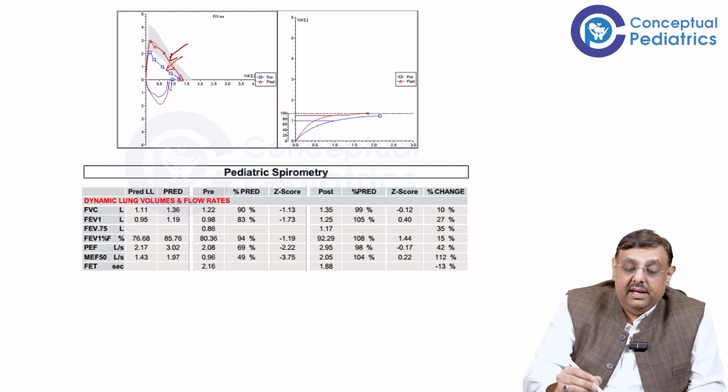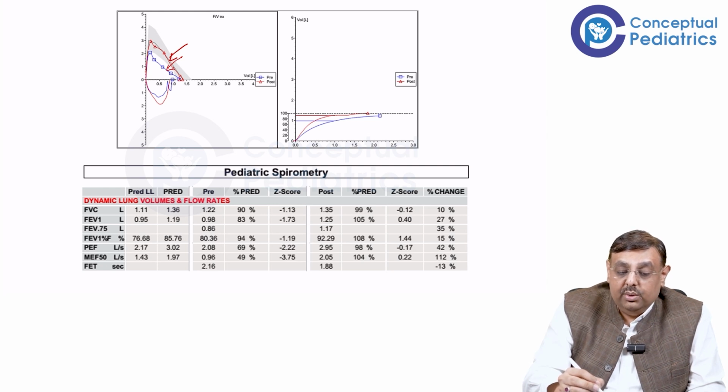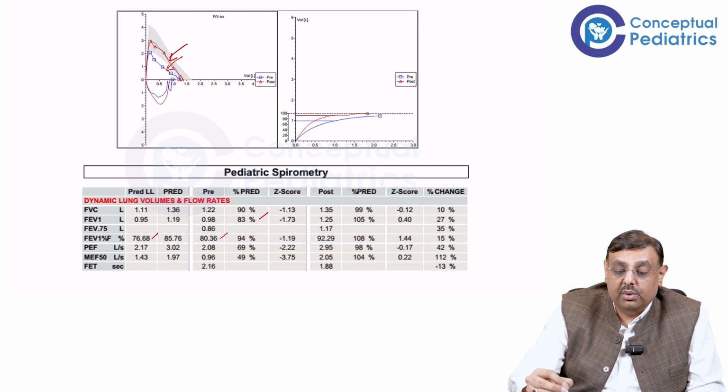But if you look at the values, the pre-bronchodilator values are like 80%, which is not less than the lower limit of normal. The FEV1 values also appear to be fine. It is not less than 2 standard deviations. But if you look at the corresponding post-bronchodilator values, then it shows significant improvement and significant reversibility in the FEV1s.